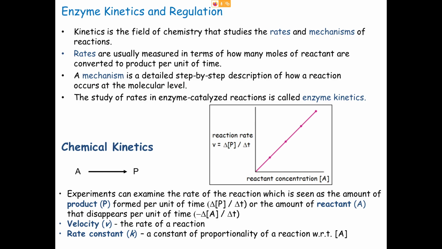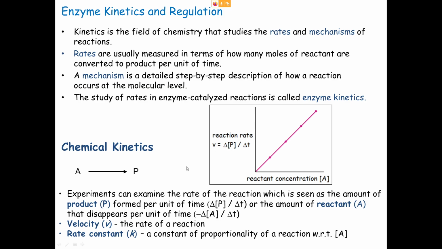I could observe the amount of CO2 and water, or CO2 or water, either one, produced. And if I had some way of measuring that, I could measure the change in that product over time. So that's shown here as a delta product concentration over a change or a delta in time, right here. Right? So a change in product over time.